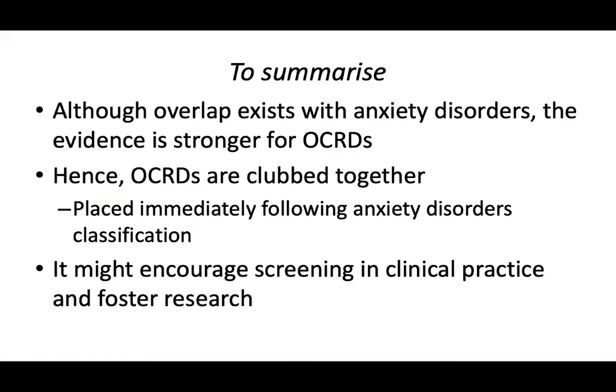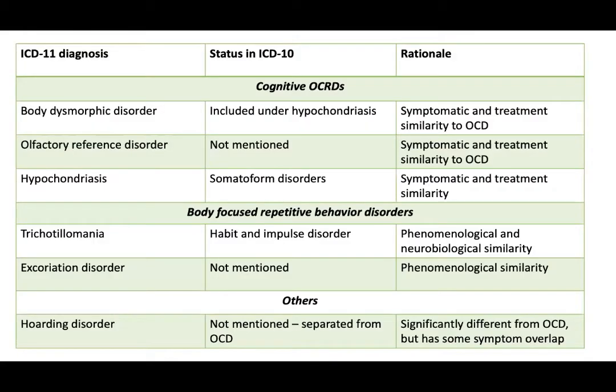And one of the main reasons is the clinical utility. They felt that giving more importance to these disorders might help in screening for these disorders in clinical practice and in research. Now, coming to the second part, why different OCRDs have been included under this category.